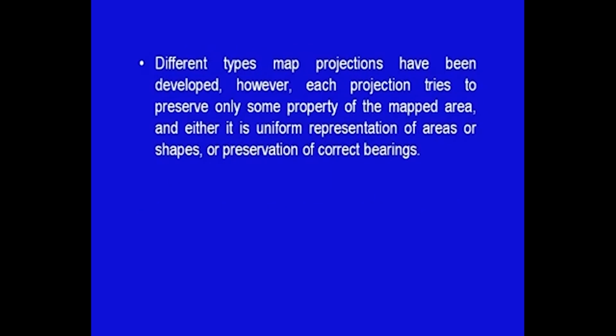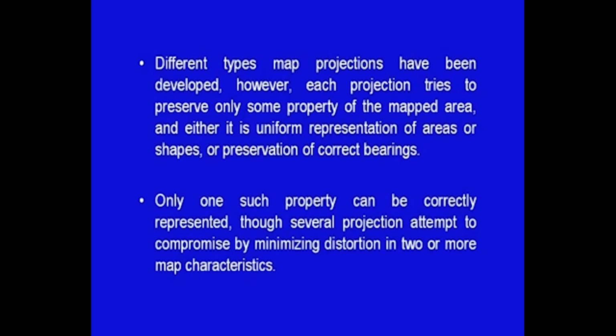Different types of map projections have been developed. However, each projection tries to preserve only some property of the mapped area, either uniform representation of area or shape or preservation of correct bearings.